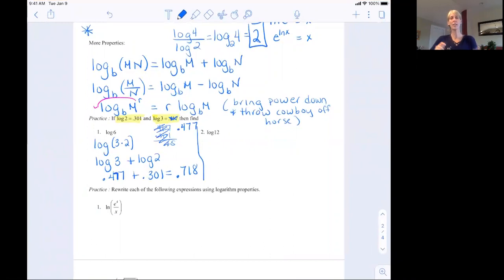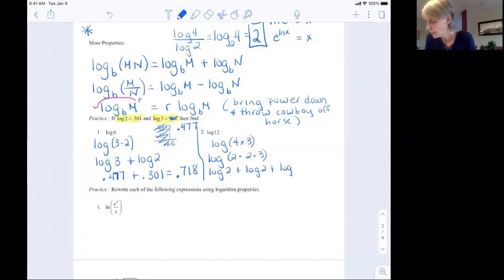Let's try the right number with log 12 now. We could rewrite log 12 as log of 4 times 3, which is really log of 2 times 2 times 3. So I would have log 2 plus log 2 plus log 3, which is 0.301 plus 0.301 plus 0.477. Again, I did not do that math before.